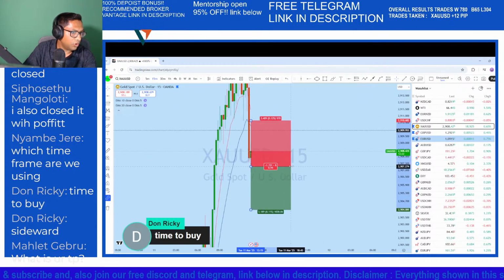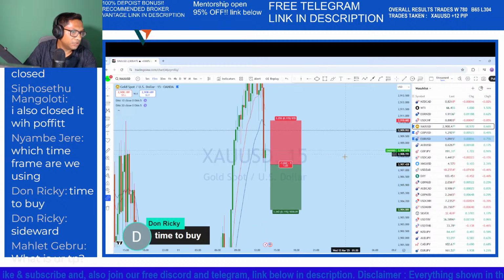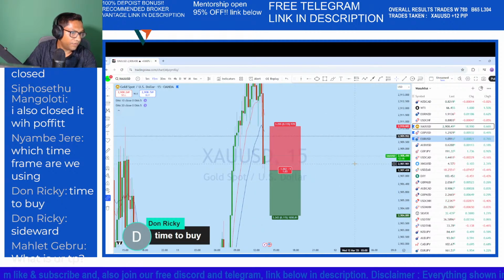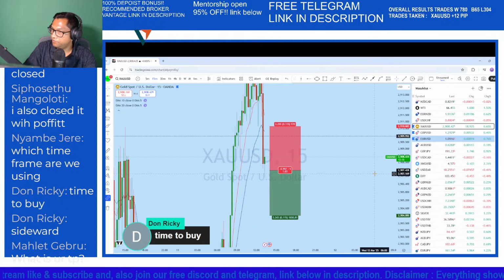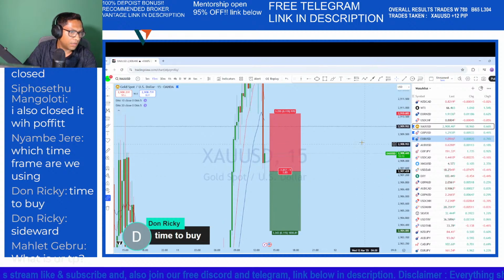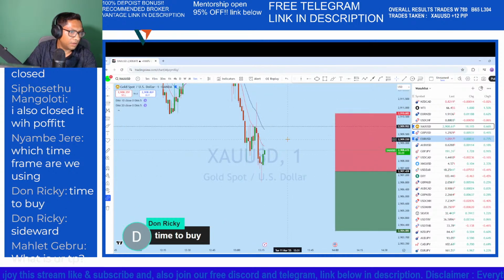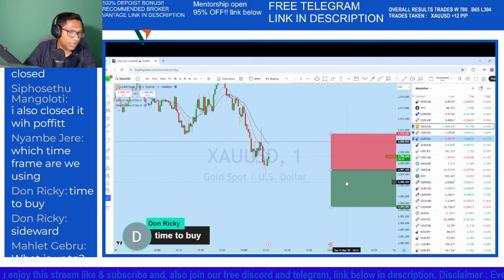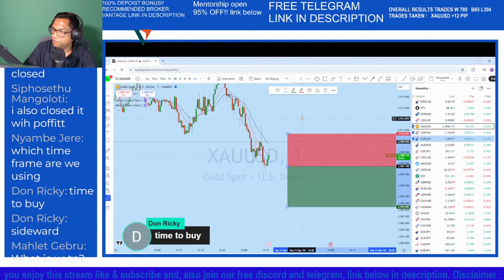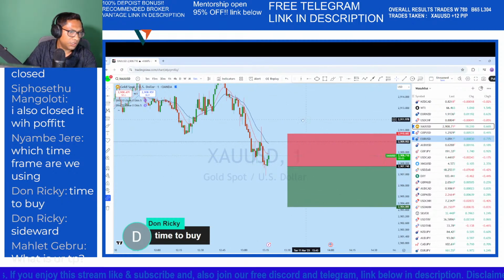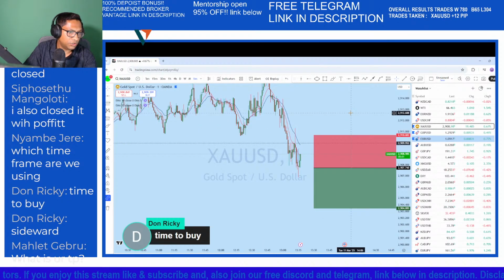Okay, so here if we look at the 15 minutes, from the 15 minutes also we saw that there is a potential rejection, but I'm still expecting another wave of drop unless we see potential change.